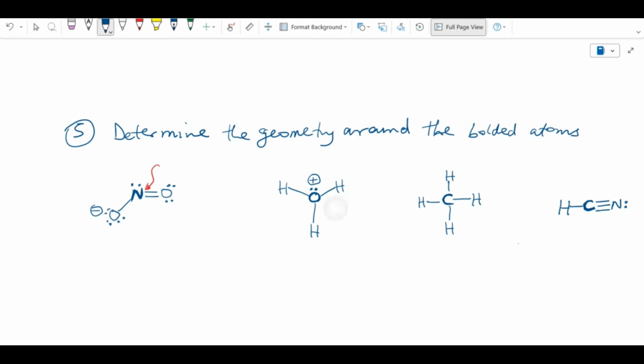And we know that sp hybridization will give you linear geometry. sp2 hybridization gives trigonal planar geometry. And sp3 is tetrahedral geometry.